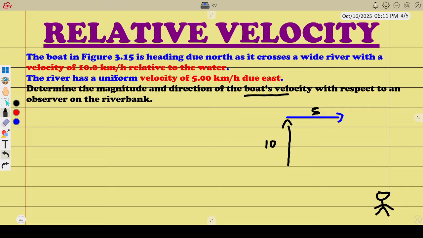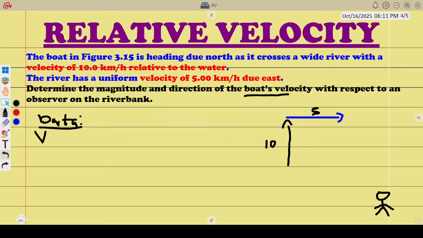Okay, so we can do our data collection. So always remember, during the exam, always collect your data. You even label it. You say data. So you collect your data, you even underline very neatly. So the velocity of the, what do we have?